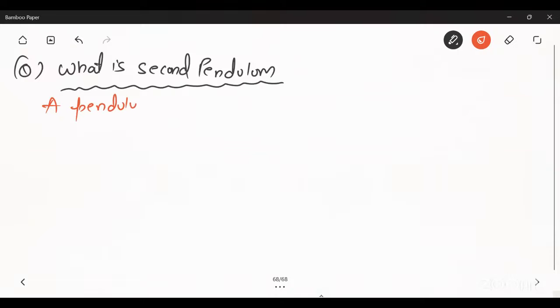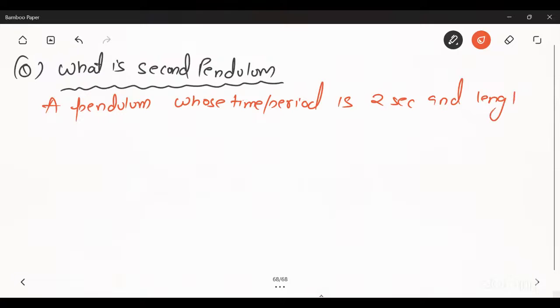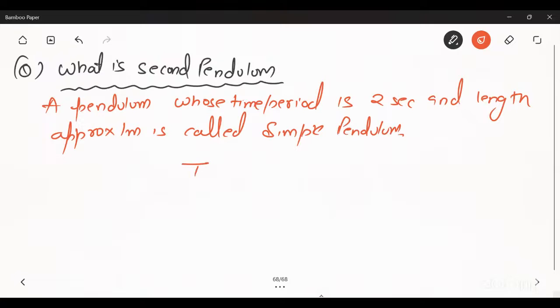A pendulum whose time period is 2 seconds and length approximately 1 meter is called a second pendulum. So that was your second pendulum.